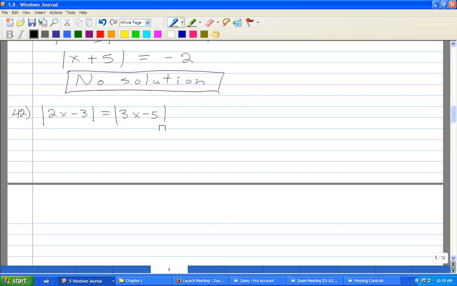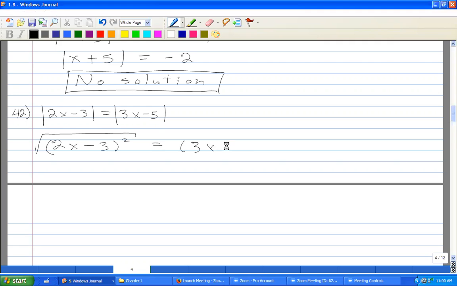Or what I could do is rewrite this as the square root of something squared. The square root of something squared is just its absolute value. So I can just rewrite each of these in the form the square root of something squared.